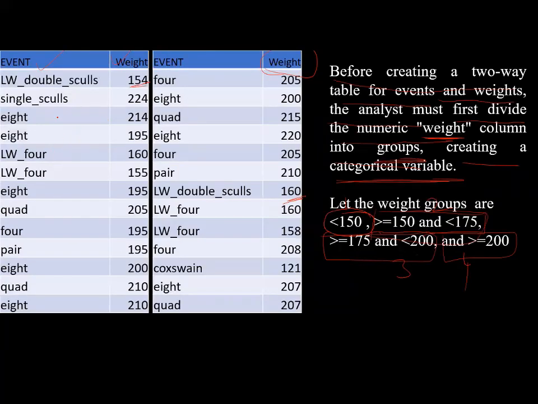Now coming to 8s. How many are there? This is 1, 2, 3, 4, 5, 6, 7, 8. 8 eights are there. Let us first calculate greater than 200. This is greater than 200, greater than 200, greater than 200, greater than 200: 2, 3, 4.